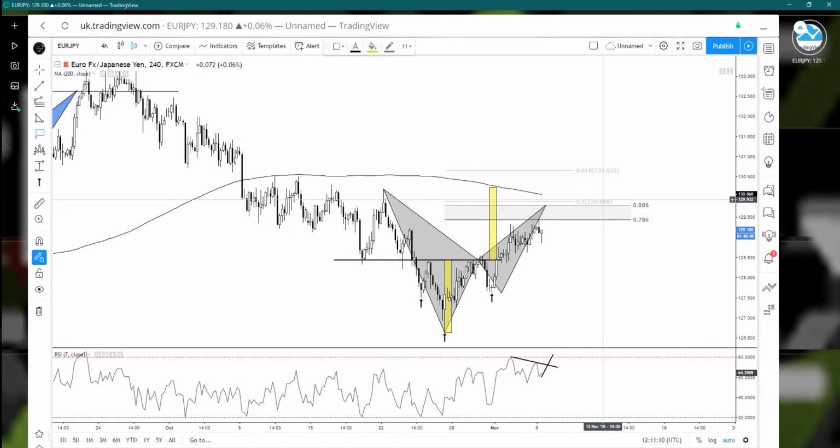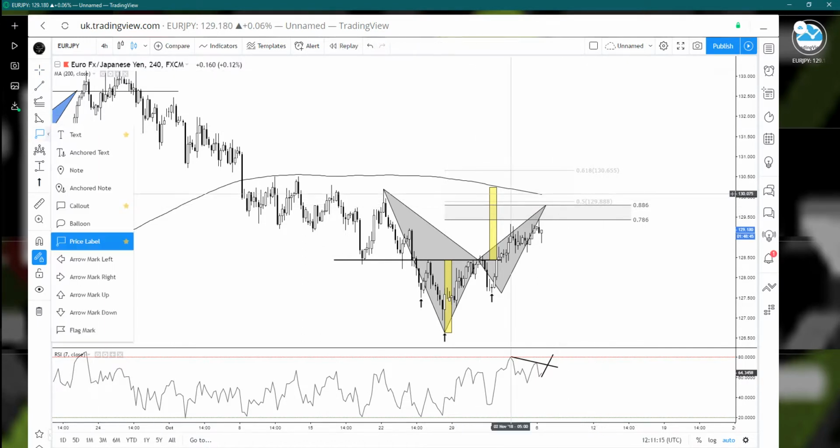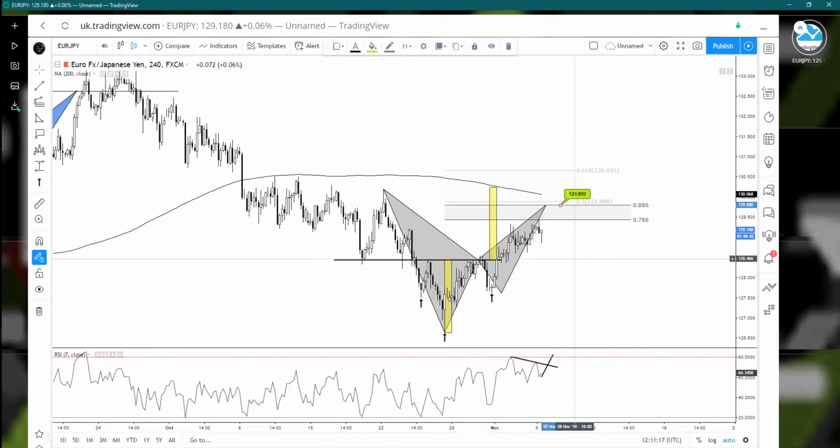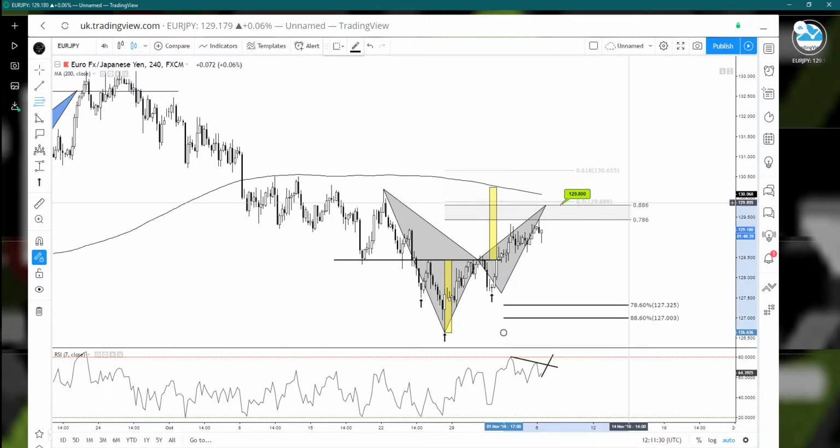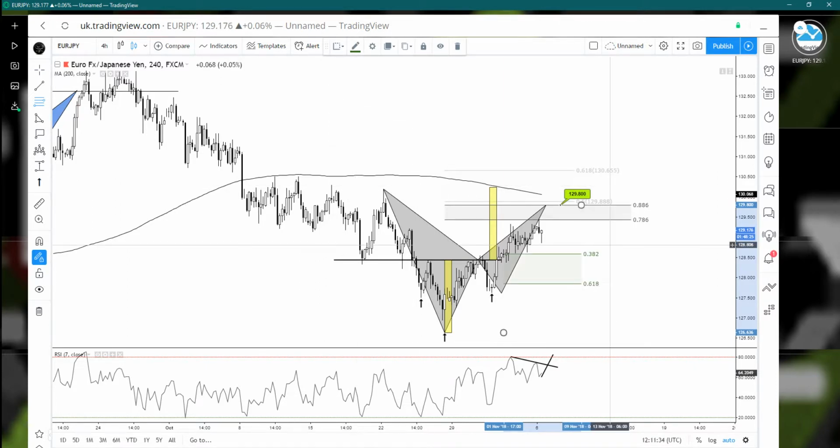So at this point, we have one eventual bearish pattern at 129,800. So this is the price for the completion point, and by default the pattern will trade the 38% retracement, which is positioned at this level.